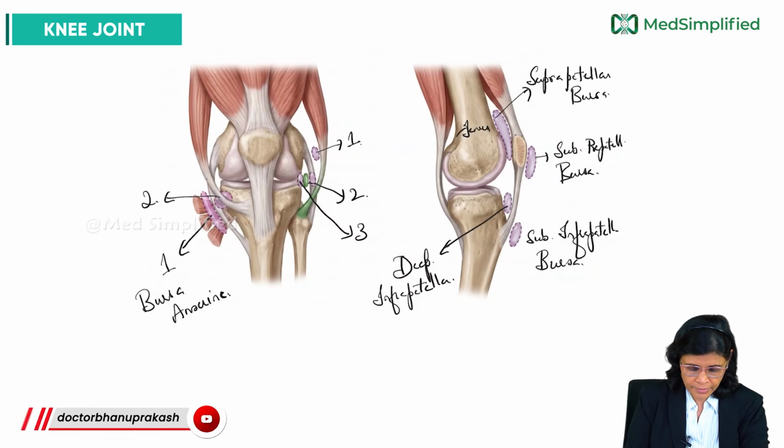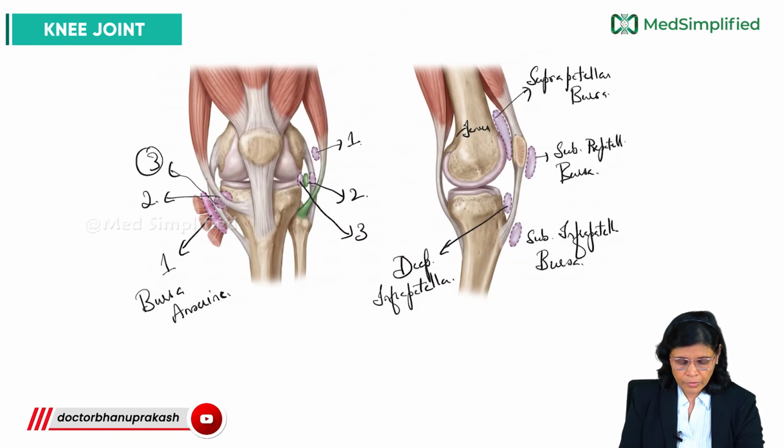So third here will be this one. Okay, so these are the 3: between the semimembranosus and the medial condyle of the tibia, between the semimembranosus and the tibial collateral, and between the gyrope and the tibial collateral ligament. So those are what we see on the medial side.